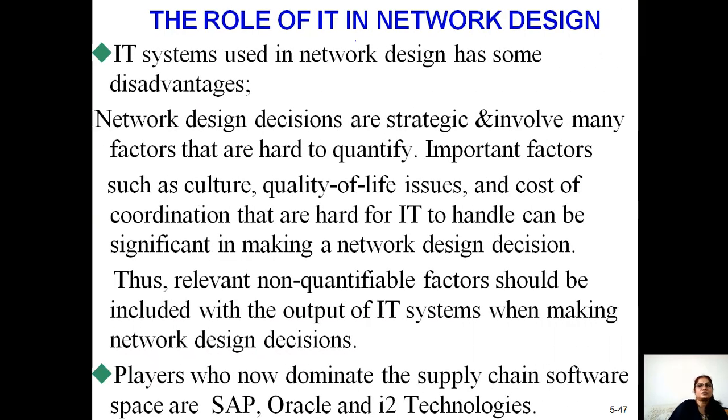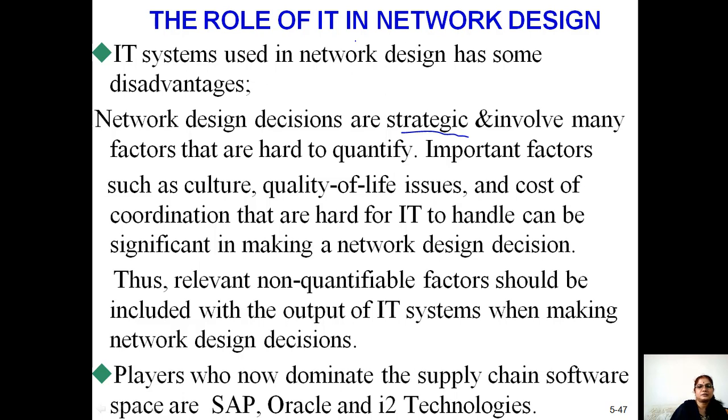But there are also some disadvantages associated with these IT systems. Since decisions that are connected to network design are all strategic, I already told you decisions are of 3 types: strategic, planning and operation. These strategic decisions are very important, because changing these decisions is deemed very expensive. A few of the factors when running a supply chain network are hard to quantify. They are intangible.